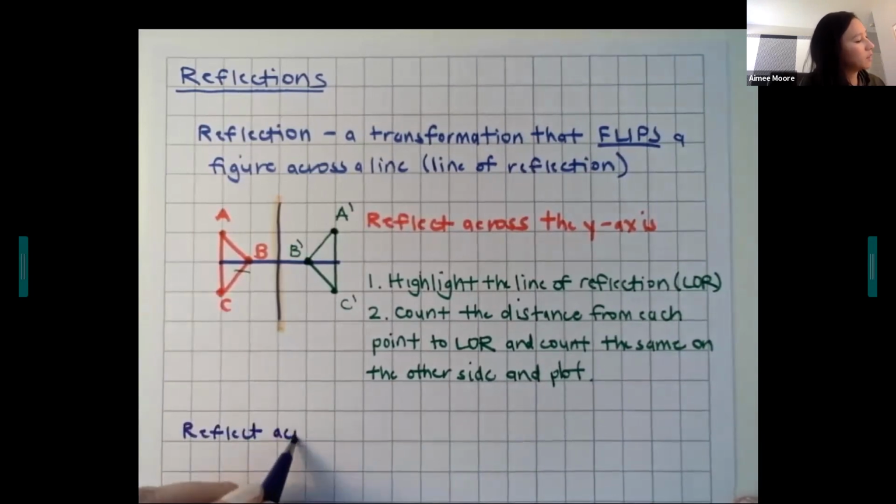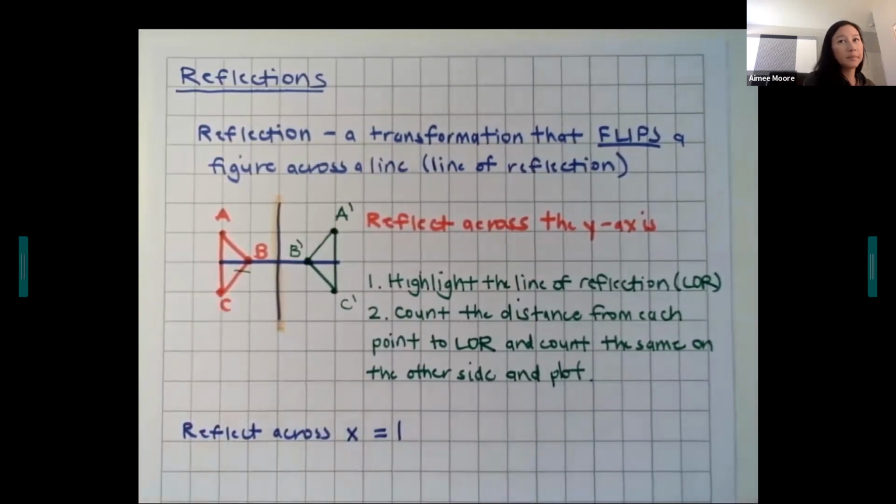We're going to reflect across x equals 1.